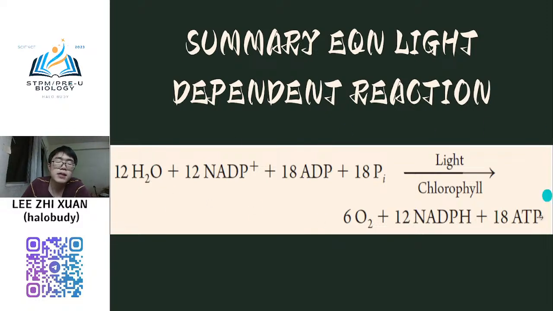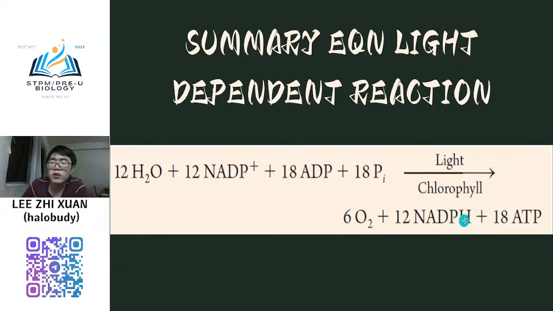In this overall reaction, it uses the water molecule and light energy to produce oxygen molecule and all this energy. If you notice, the overall photosynthesis reaction does not have these two molecules, NADPH and ATP. Why? Because they are only intermediates.